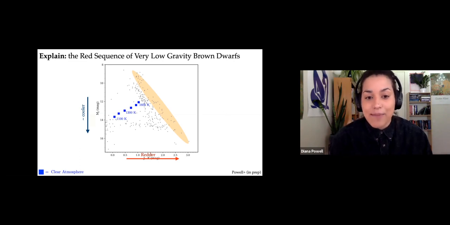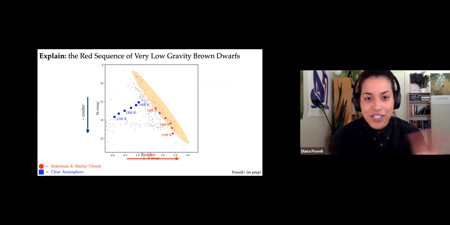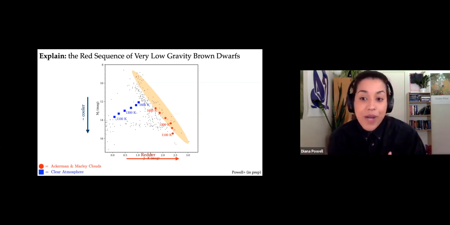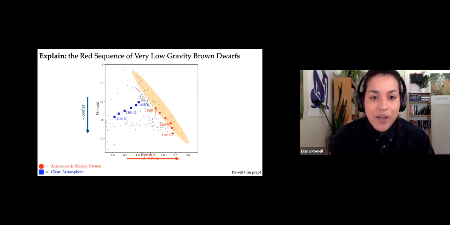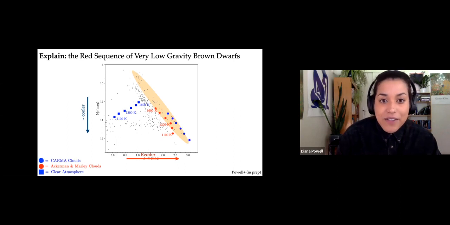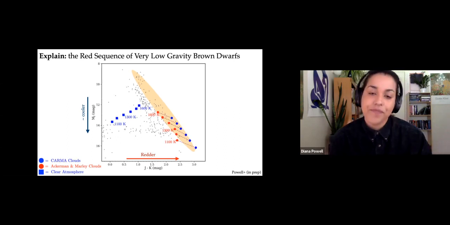But if we model clouds in these atmospheres, then the same points lie here, well, without microphysics, so just equilibrium condensation models. And here they're much redder, although they start to become more clear at lower equilibrium temperatures. And then when we instead consider microphysical clouds, those same points lie here. We can see a distinct shift towards the red region of the diagram, which is particularly dramatic for cooler objects.